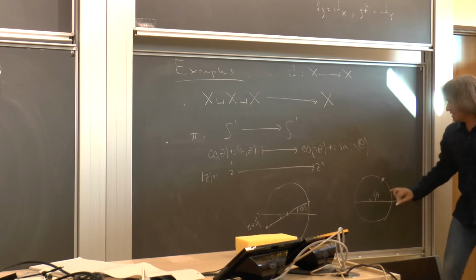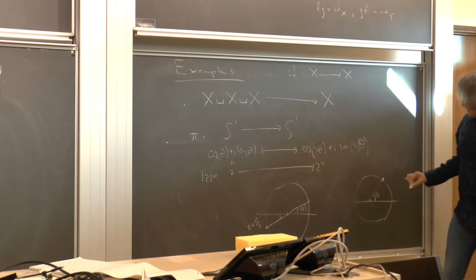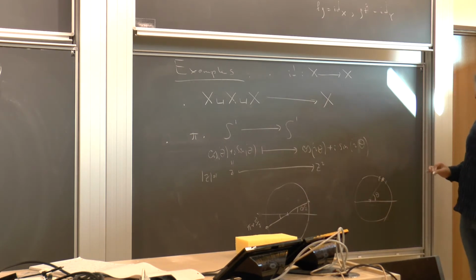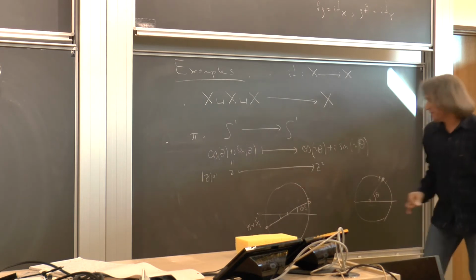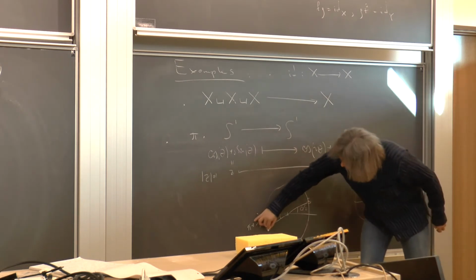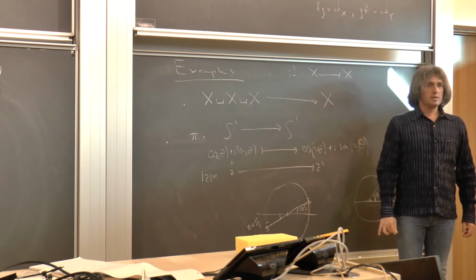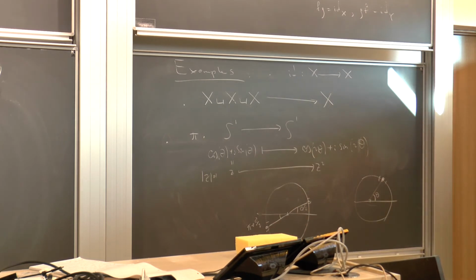So the preimage is just the union of these 2 points. And if you take a neighborhood here, its preimage will be the union of a small neighborhood here and a small neighborhood here. So this is a model situation for covering, and that's basically why we'll be interested in this.